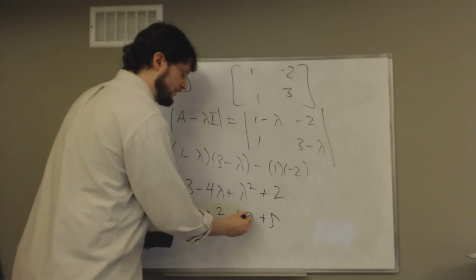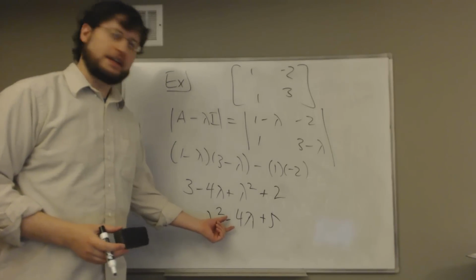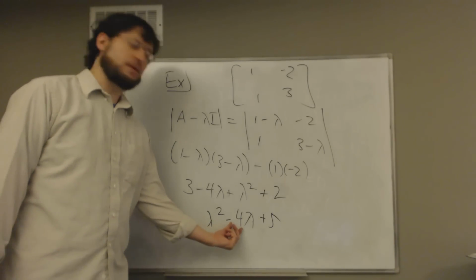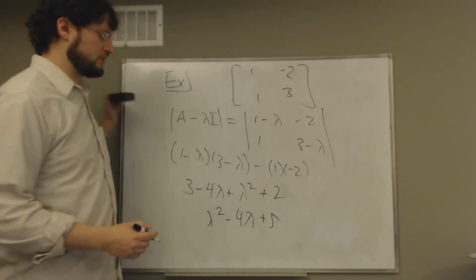The whole point is that this doesn't factor, because if I tried to apply the quadratic formula, I'd get negative b plus or minus the square root of b squared minus 4ac, but b squared is 16 and 4ac is 20, so I actually end up getting a negative under the square root.